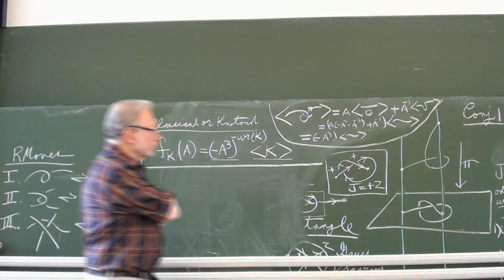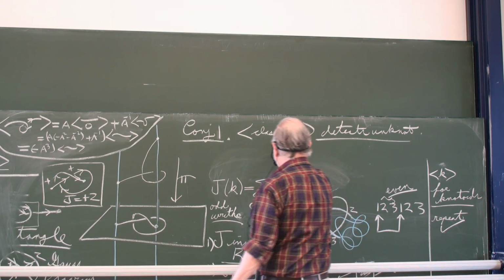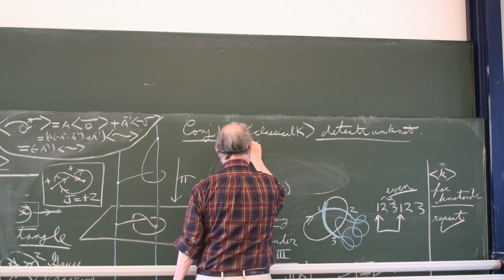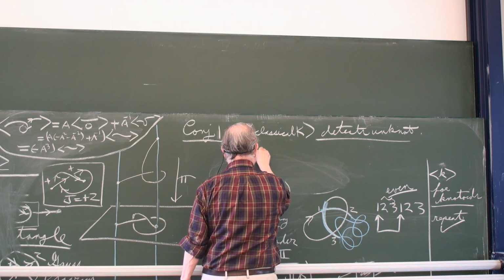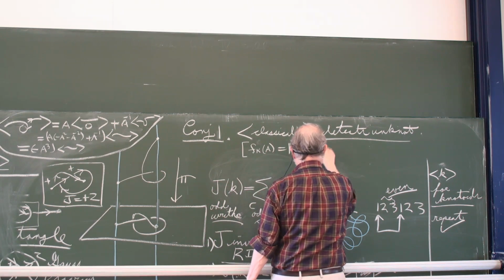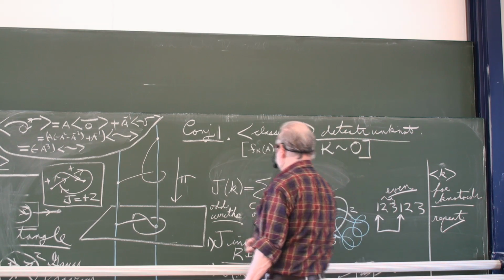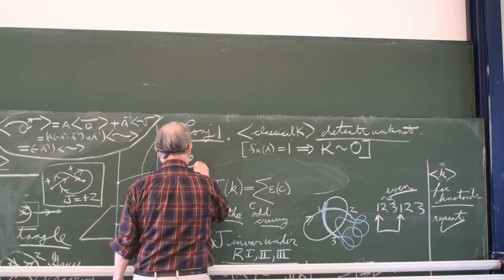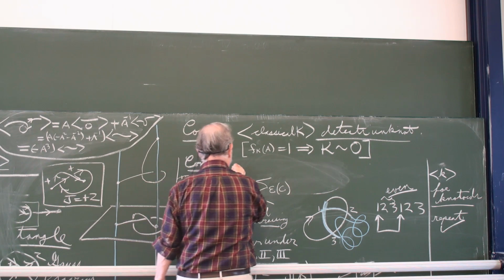So then the old conjecture was that we could put it now this way: F_K of A equal to 1 implies K is equivalent to the unknot. That's the old conjecture, and the new conjecture is the same conjecture.